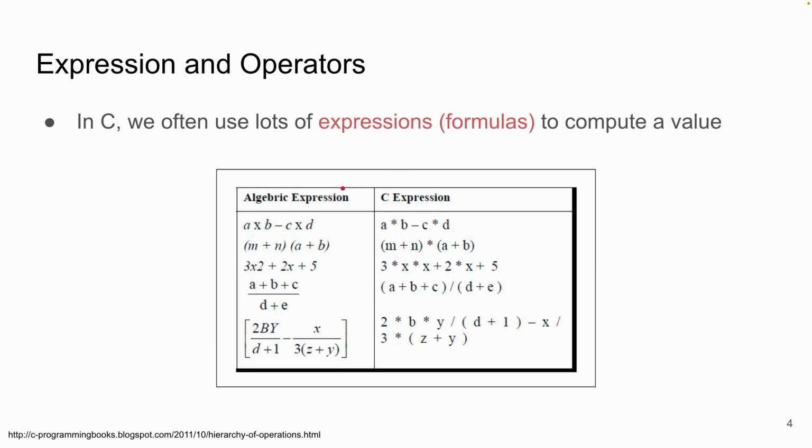This is just one example to show you how we can convert this algebraic expression, this mathematical expression, into a C expression. So you can see that we can use C to implement a lot of difficult math formulas.